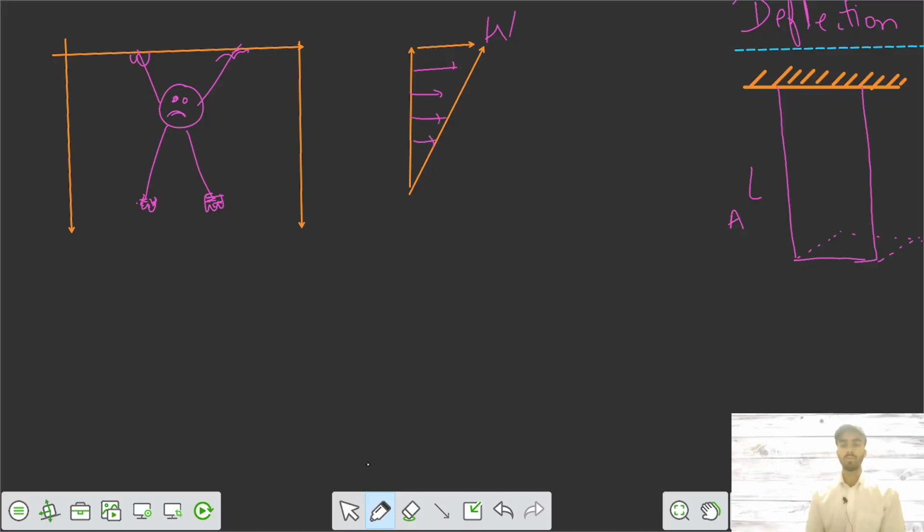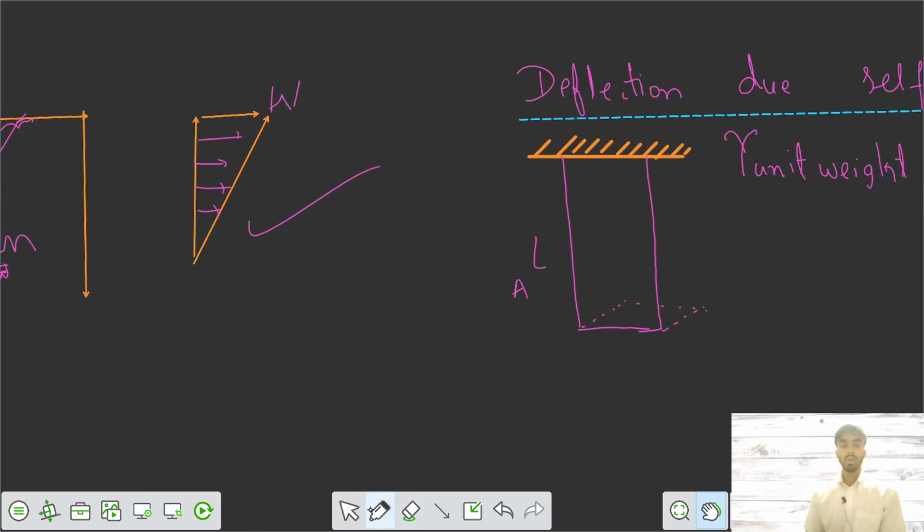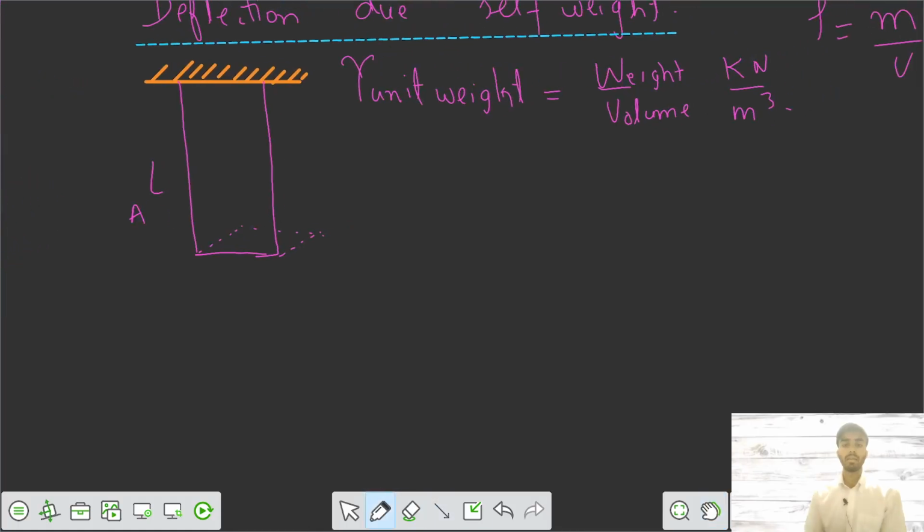So this is your variation. Similarly, treating the man as this bar, a uniform prismatic bar, your variation of weight would be this one. At each section, W is varying, so load P is varying at each section. Take any section at X. We can't say directly that delta equals PL by AE here.